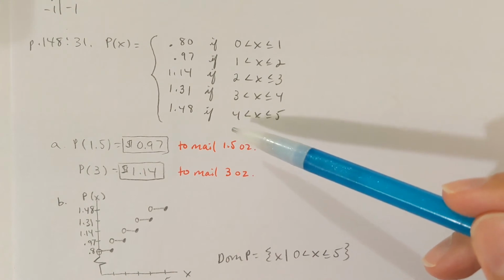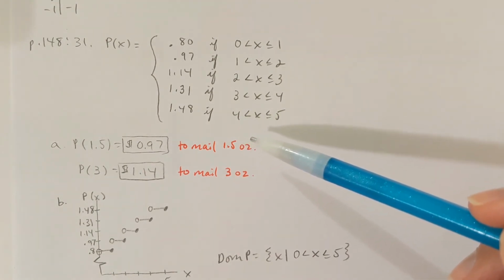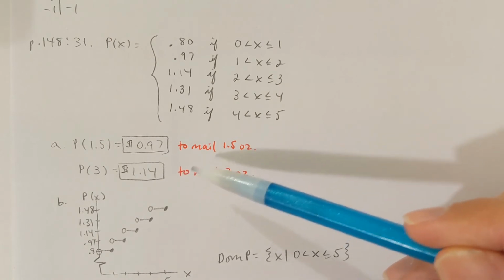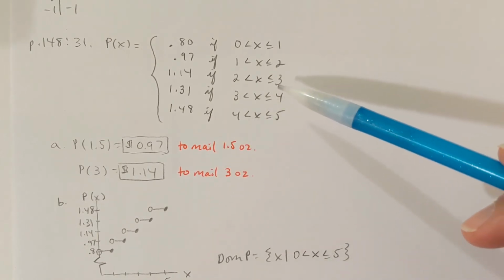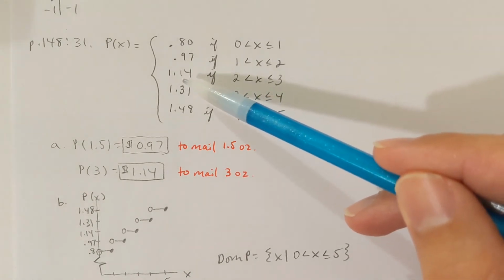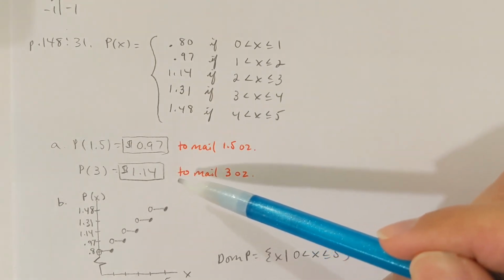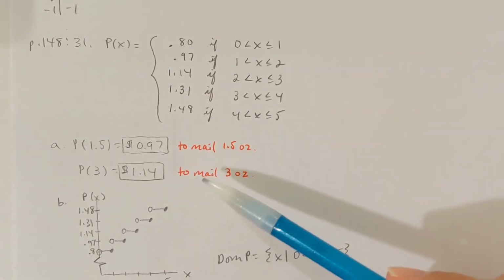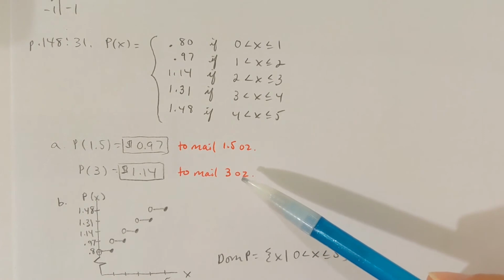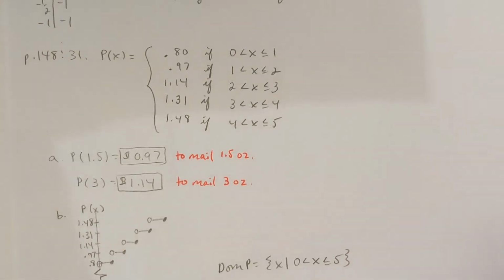So it costs 97 cents to mail a 1.5 ounce package. P of 3, well, 3 is in piece 3: 1.14. So it costs $1.14 to mail a package weighing 3 ounces.